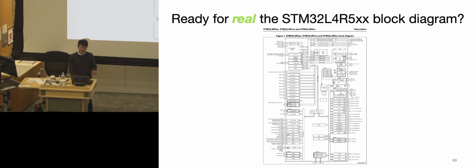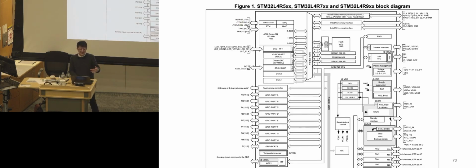So this is what the real block diagram looks like. It's basically identical to what I just showed you. Don't get scared. It has the same components in it, it's just much more complicated because it is indeed a much more complicated design than the block diagram we showed.